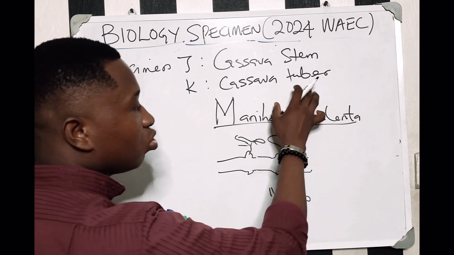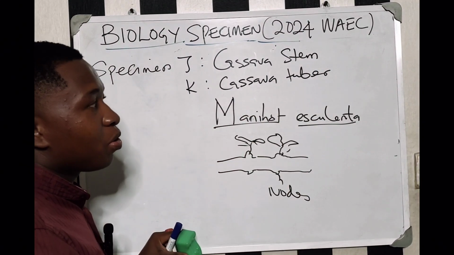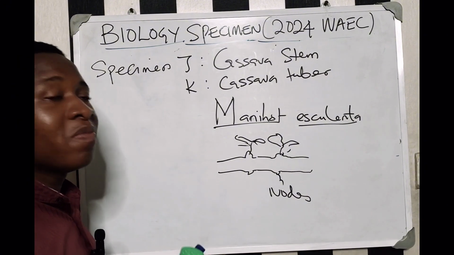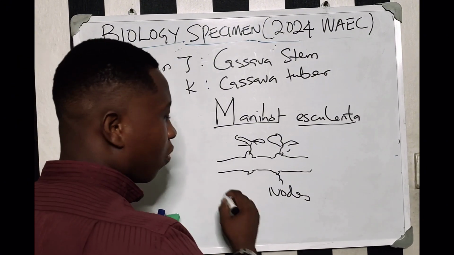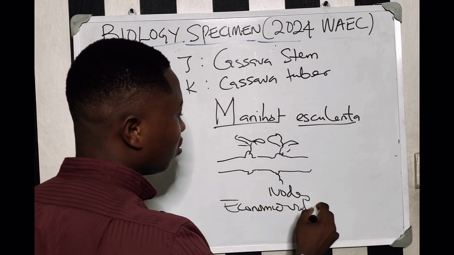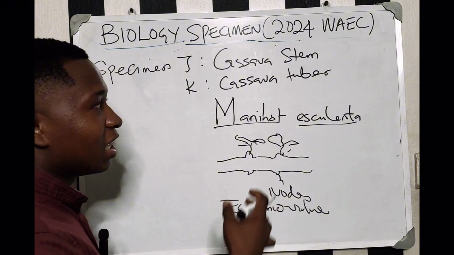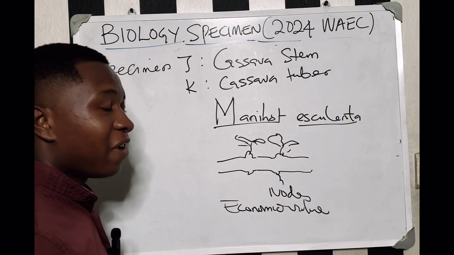Now a question that can come from the cassava tuber may be to mention the economic value of specimen K. The economic value of specimen K is vast.